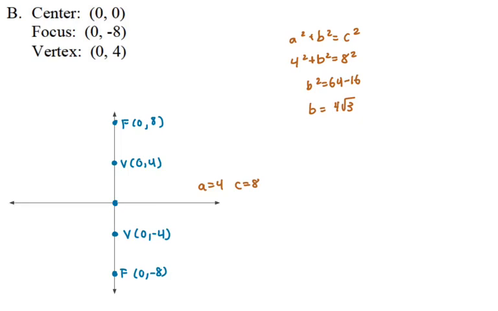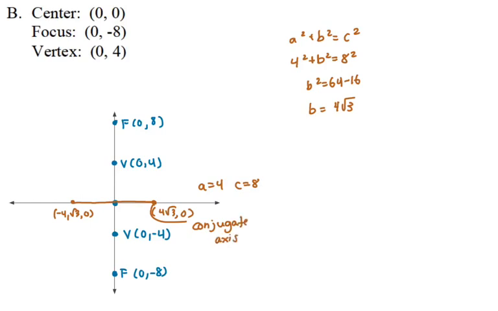Okay, so to get to those, what would be the conjugate axis there? We would go from the center, left and right, 4√3. Okay, so that right there is the conjugate axis.